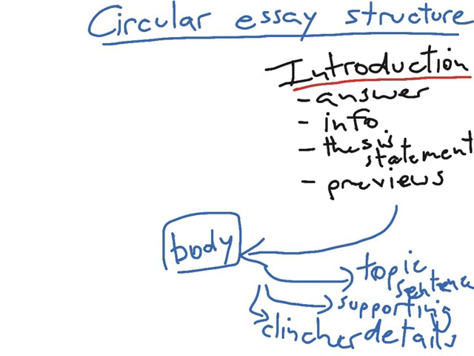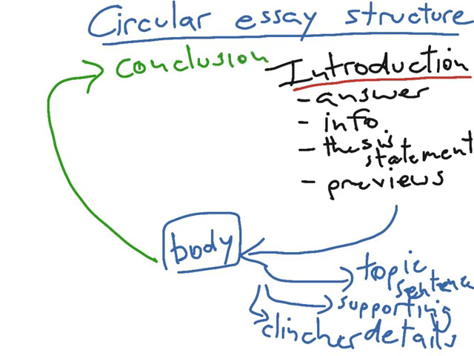Once you've written the entire body, all the paragraphs in the body, you work your way back towards the introduction. In other words, you finish off your circle, and you finish off your circle in the conclusion. And why are you coming around a full circle?